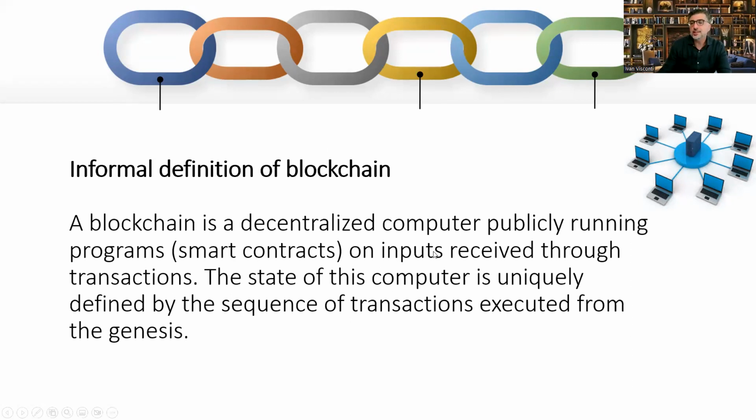And the inputs are received by this computer, not from a keyboard, but from transactions that arrive from the network. And the state of this computer, so at which point this computer is, the values of all variables of all smart contracts that are currently in execution, is uniquely defined by the sequence of transactions executed by this computer from the genesis, basically from the bootstrap.